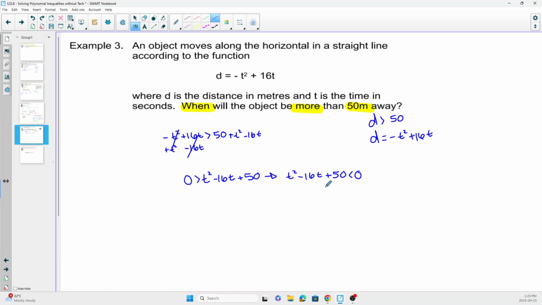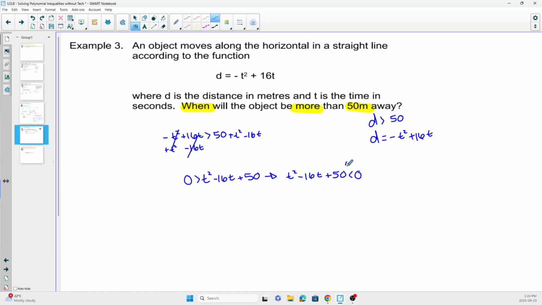These two things mean the same thing. In order to do this, the only methods that we've looked at in this lesson, we either have to graph it or use our number line, but both of those methods require that we factor this. So let's start factoring.